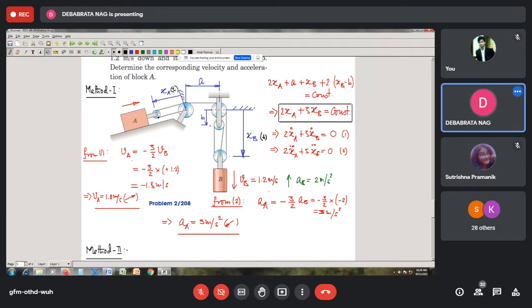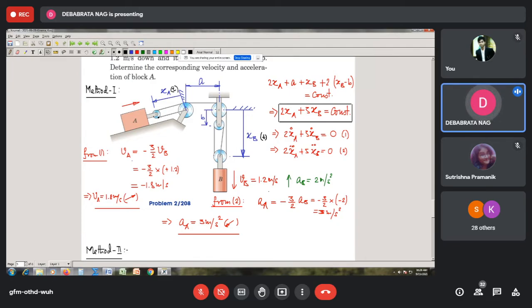So how to solve this problem in this case by method 2? Suppose we do not know anything about the senses of rotation. Let us see how we can draw the figures for this.